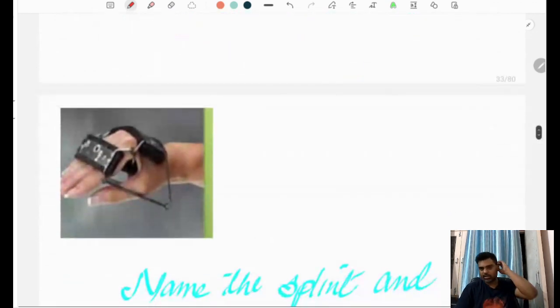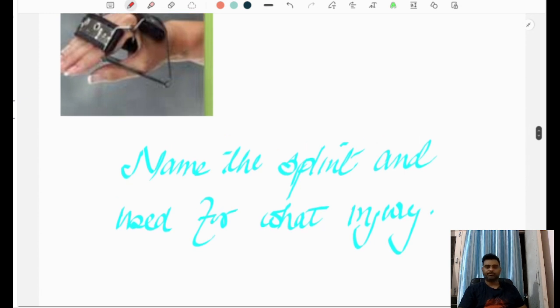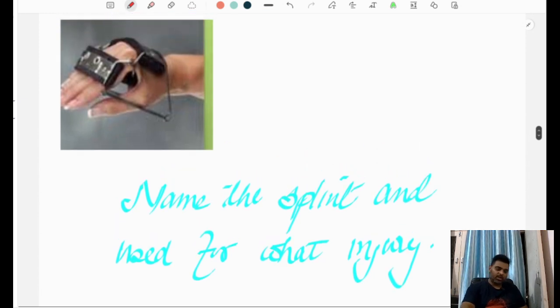Now this, I have told you what happened in claw hand. Claw hand is caused because of nerve injury, we'll study ulnar nerve, median nerve, every nerve. So what is this? Name the splint and the injury it is used for. In claw hand there is hyperextension of the metacarpophalangeal joints and flexion of the interphalangeal joints.